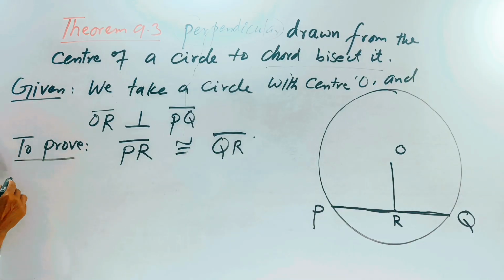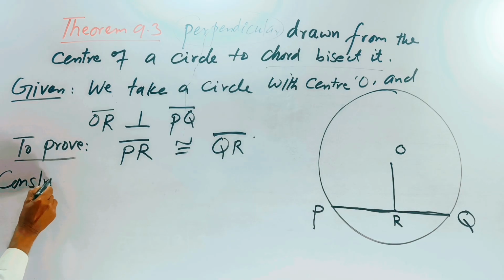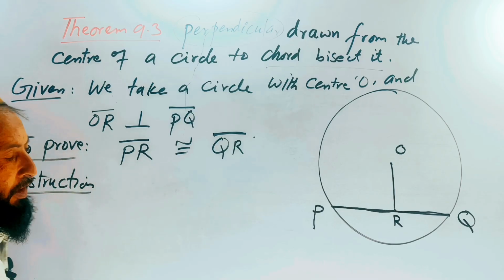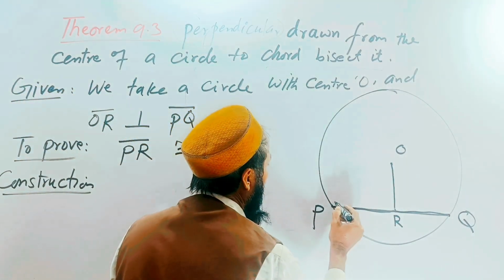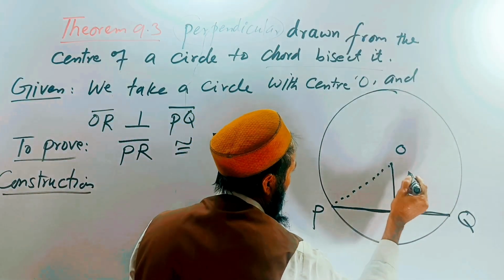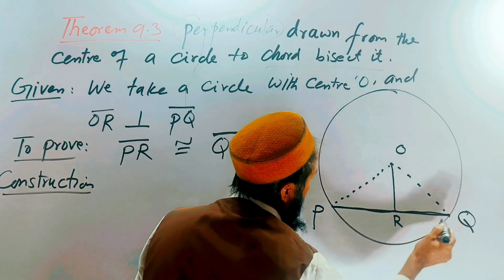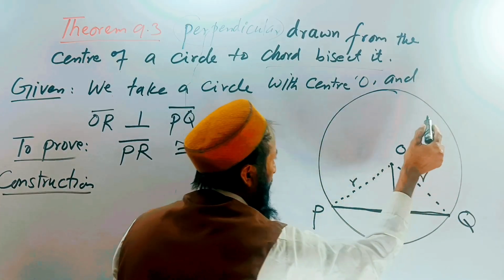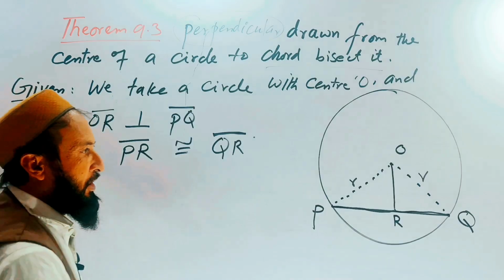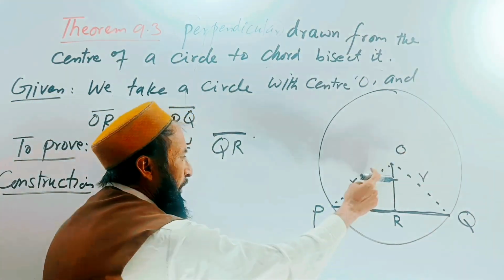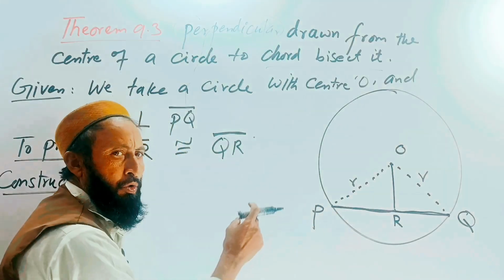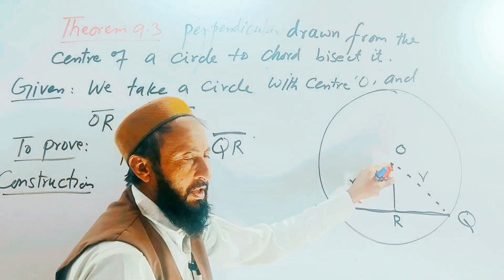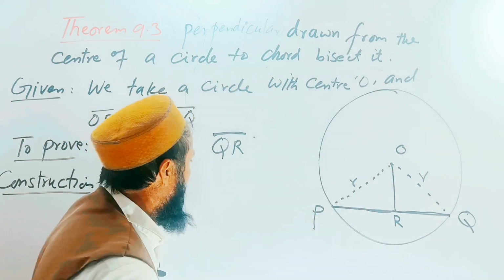Now a construction is required, because we need triangles to compare. If we connect the radii, this will be a radius and this will be a radius, because a line from the center of the circle to a point on the circumference is called a radius.